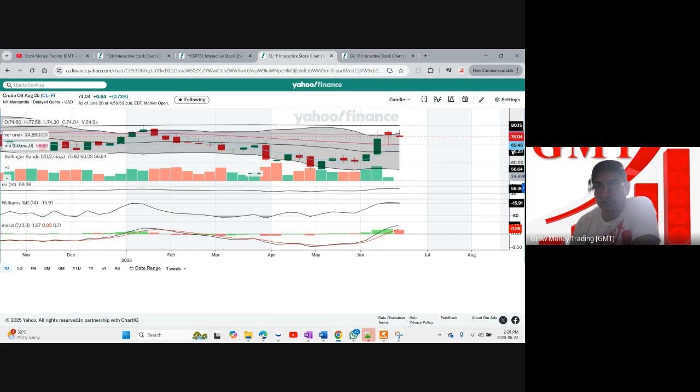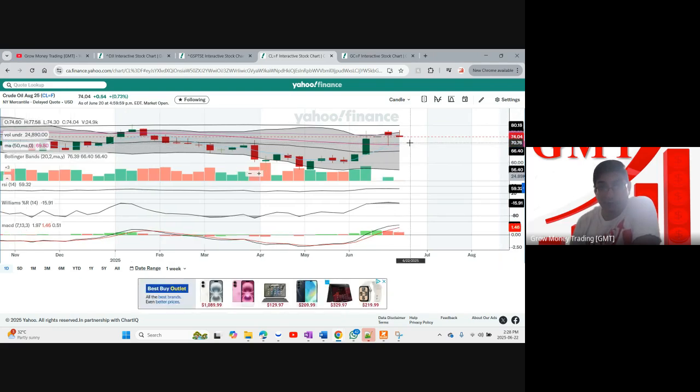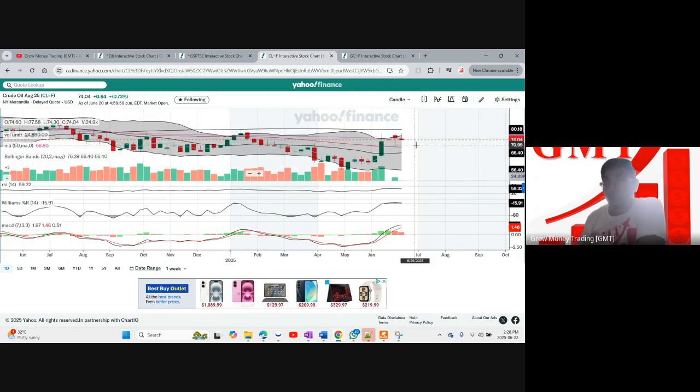The candle that it has formed, it could drop further. This might be slightly opposite to the war condition in the Middle East.